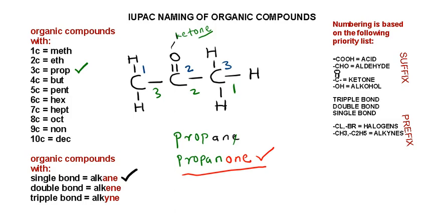Let me clarify something here. We are not going to say propan-2-one, because this ketone retains its position. It must always be between 2 carbons.